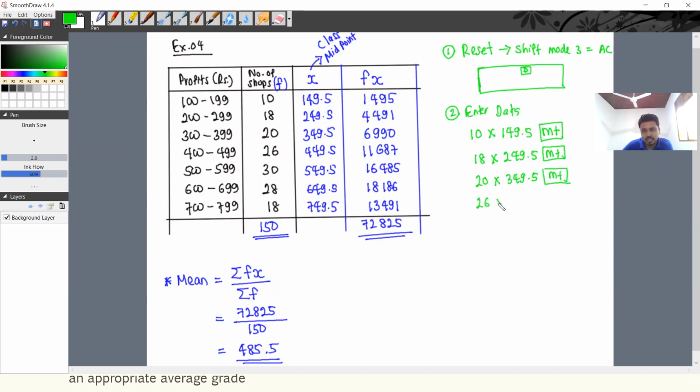Likewise, you need to enter all these multiplications into the calculator memory. M plus, 30 into 549.5, M plus, 28 into 649.5, M plus, 18 into 749.5, M plus, right?